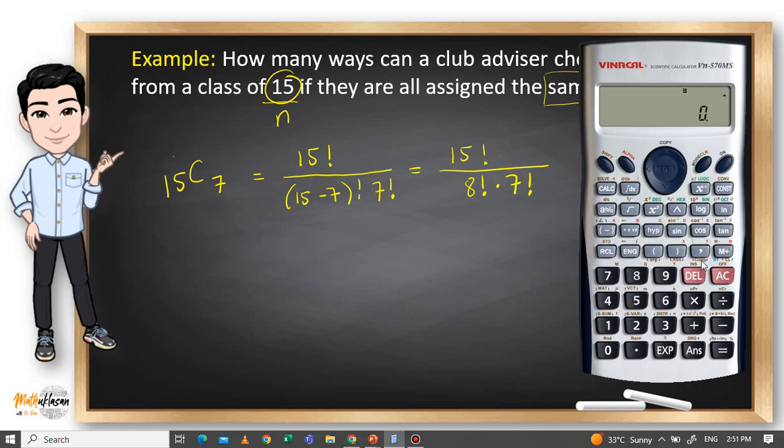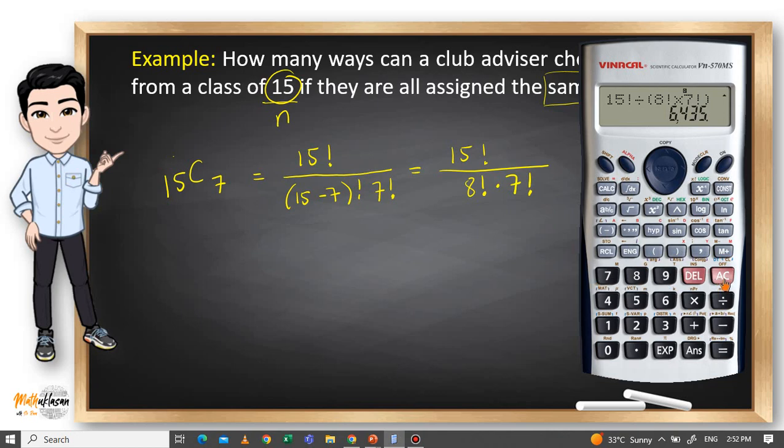Now, what if you have a calculator but you don't have the combination formula, but you have at least the factorial notation? So you can also enter this using your calculator by the use of formula. So 15 factorial divided by, open parenthesis, 8 factorial times 7 factorial, so that the answer is 6,435.